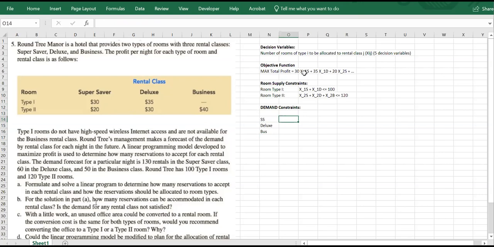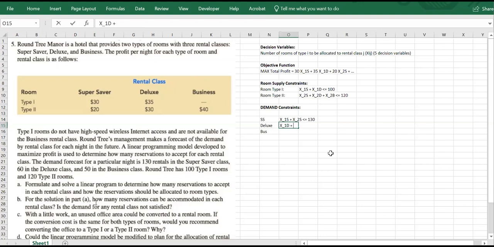The profit will be 0 for any room allocated to Super Saver after 130 units. All right, so X1S plus X2S, the sum of X1S and X2S would be the total number of rooms available for Super Saver customers. So that should be less than 130.